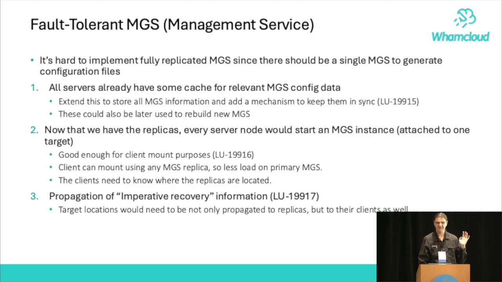So if we just extend that to contain a full copy of config information for all the targets, they could essentially become proxies for the MGS and good enough to actually connect to for your clients. Even if the primary MGS is not available, the other targets are up, and as long as your clients could actually discover them somehow, they'll be able to connect and get the rest of the information there.